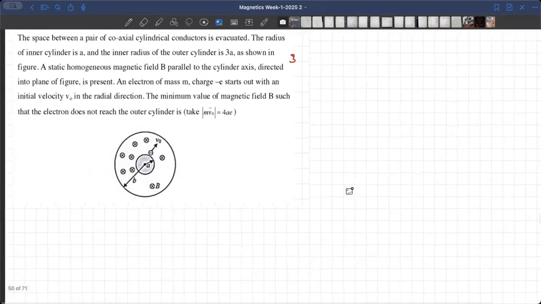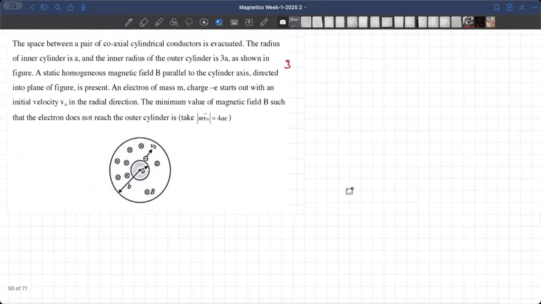Now you can see here the space between the pair of coaxial cylindrical conductors is evacuated. The radius of the inner cylinder is A, and the outer radius is 3A, as shown in the figure.